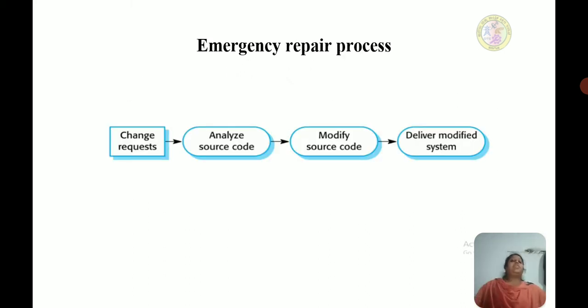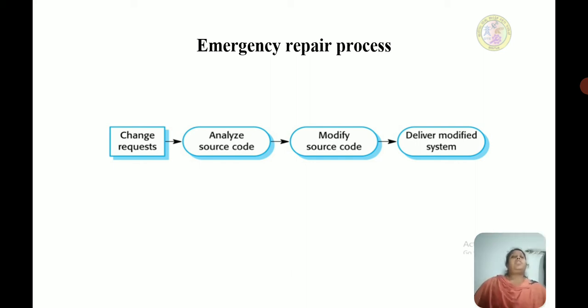Which are the emergency processes? In the emergency process, we have an emergency change request. After the change request is made, we analyze the source code to see which changes have to be made.